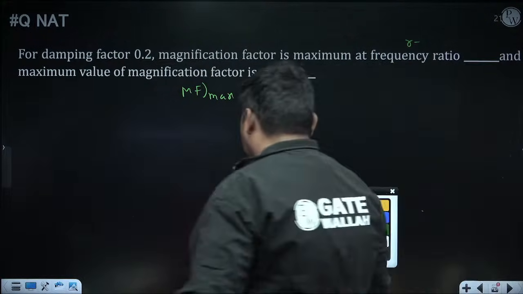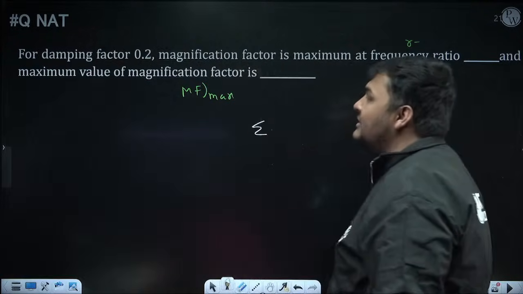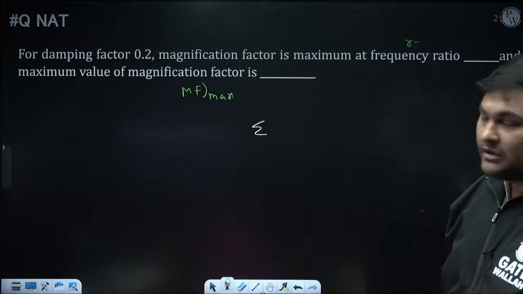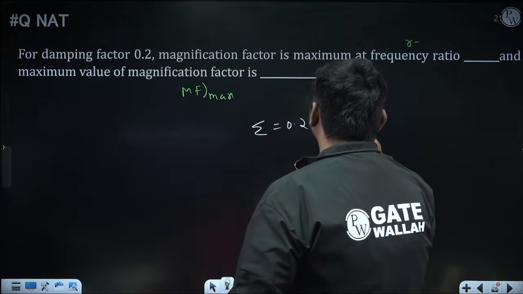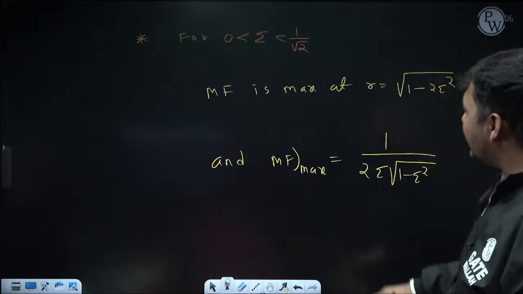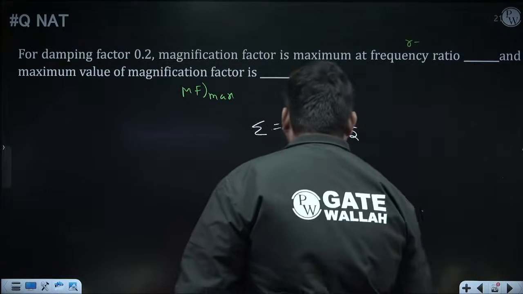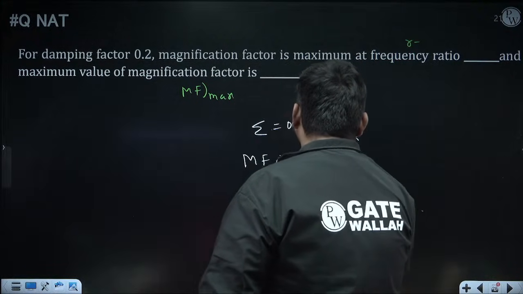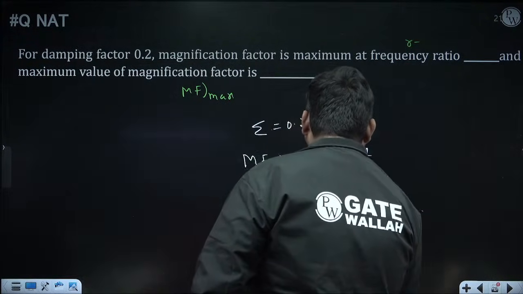Now see, is zeta equal to 0.2 less than 1 by root 2 or greater than 1 by root 2? 1 by root 2 is 0.707. So can I say zeta equal to 0.2 is less than 1 by root 2? Yes, so these equations are valid. If zeta is between 0 to 1 by root 2, MF is maximum at R equal to root over 1 minus 2 zeta square.